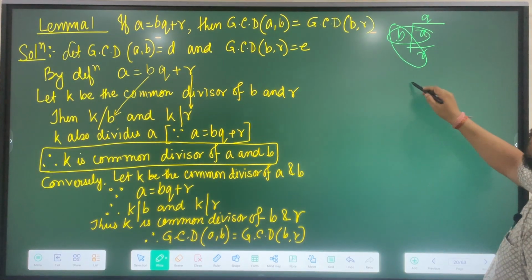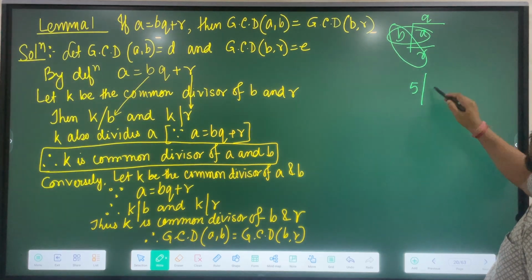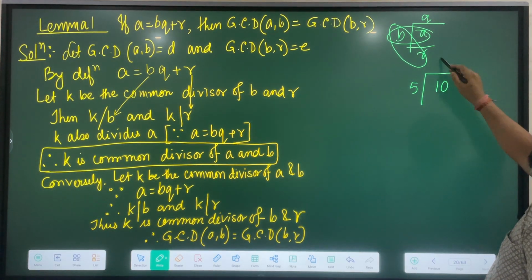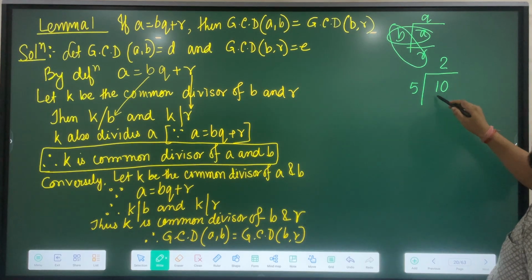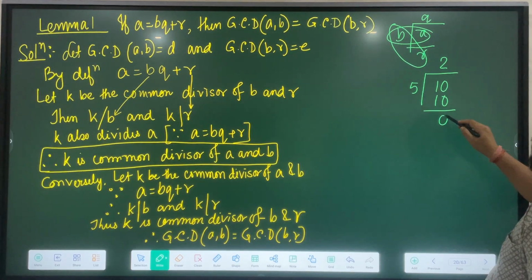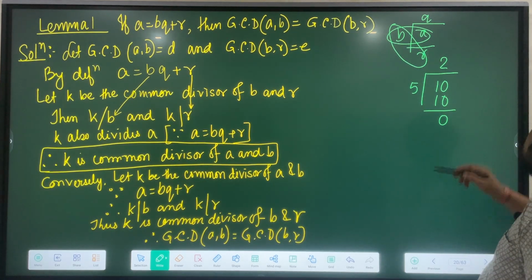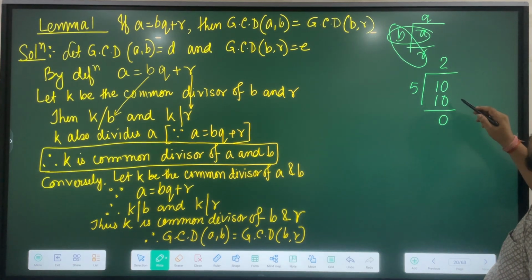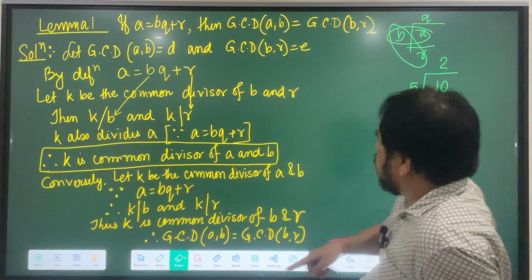Now look here, 5 and 10. 5 2 10, 0. Okay, this one is not correct.